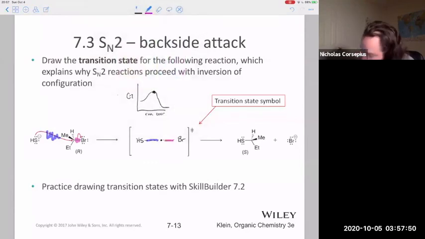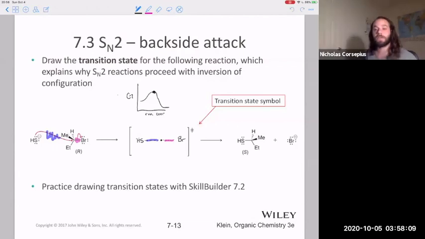But equally as important is what happens to these other groups. Notice how the methyl group is sticking out towards you, of course, because it's in that dash structure, but it's pointed over towards the left, right? And then on my product side, it's over towards the right. That's because of this inversion.